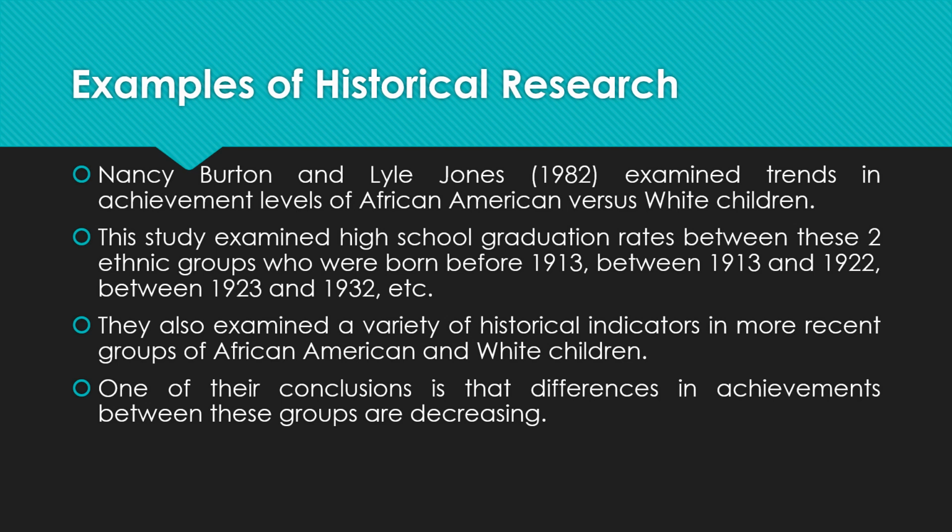They also examine a variety of historical indicators in more recent groups of African American and white children. One of their conclusions is that differences in achievement between these groups are decreasing. So based on the historical data, from 1930, 1922 and so on, they can see the difference in the rate of achievement. So this is an example of historical research.